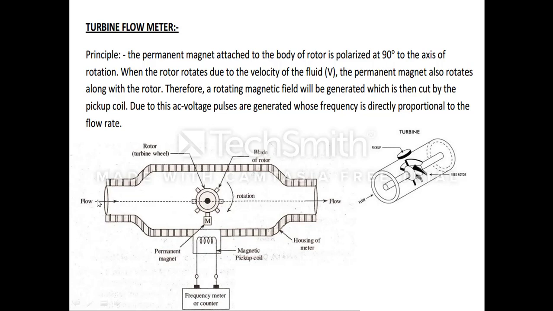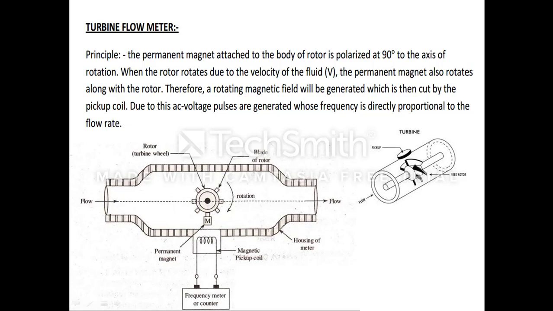In this illustration, the water or whatever fluid flows in this direction. The fluid flow rotates the turbine. So based on the water flow, the RPM, the revolution of the turbine, will be higher with higher flow. If the fluid comes with low speed, then the rotation of the turbine will be very slow.